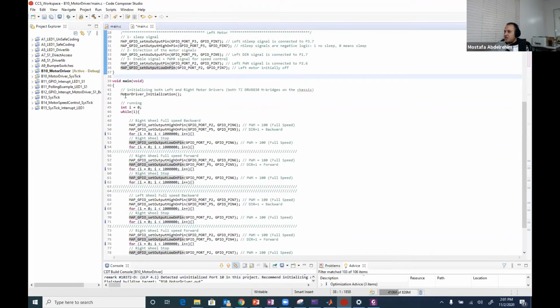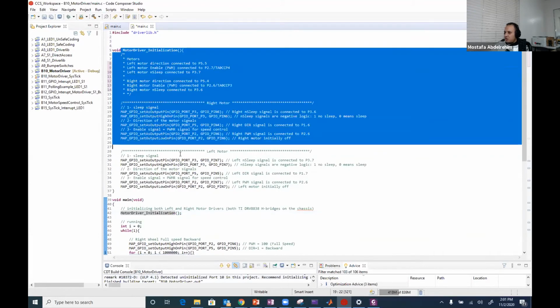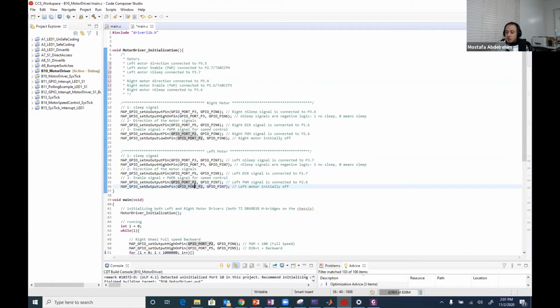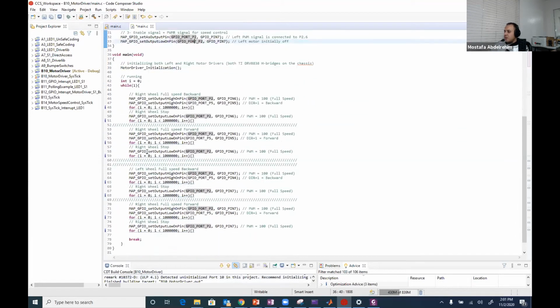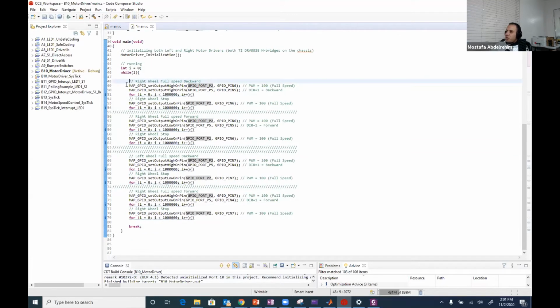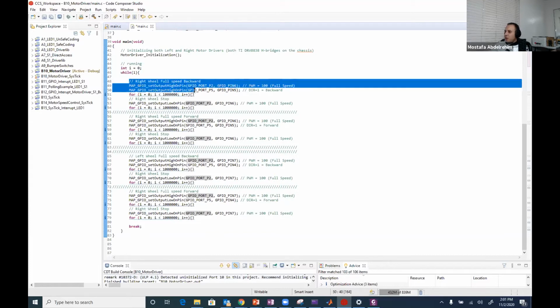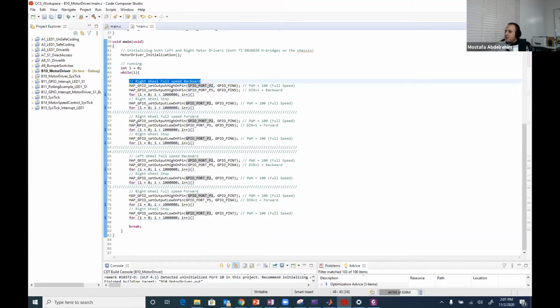Okay, so the first thing, we initialize the motor, so this function will be executed and the motor drivers will be initialized. Then in this while loop, I'm going to go backward first, then stop.